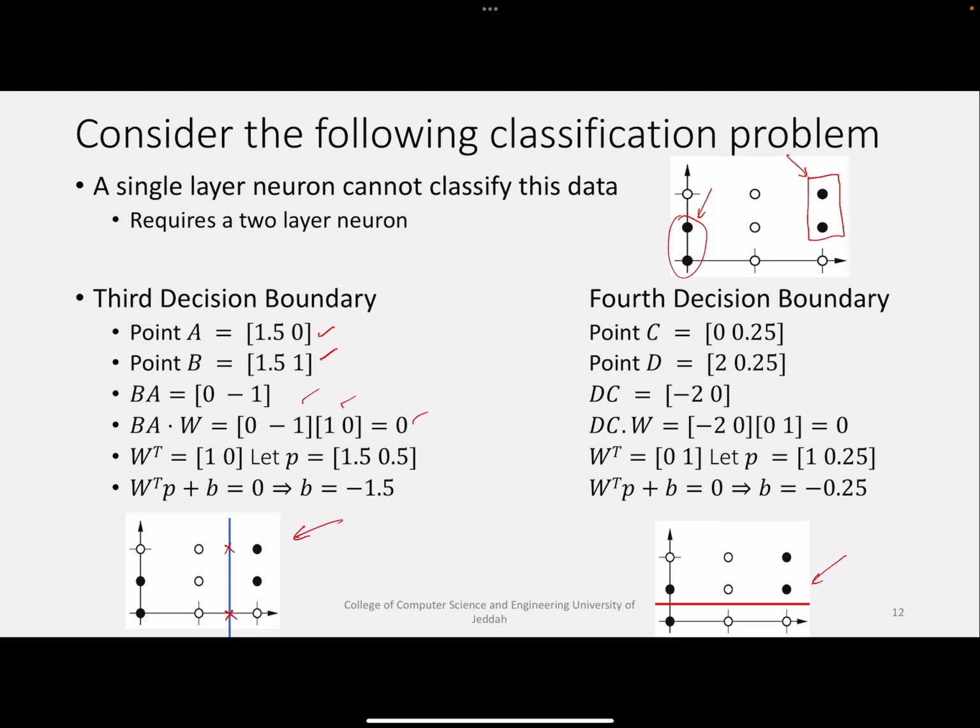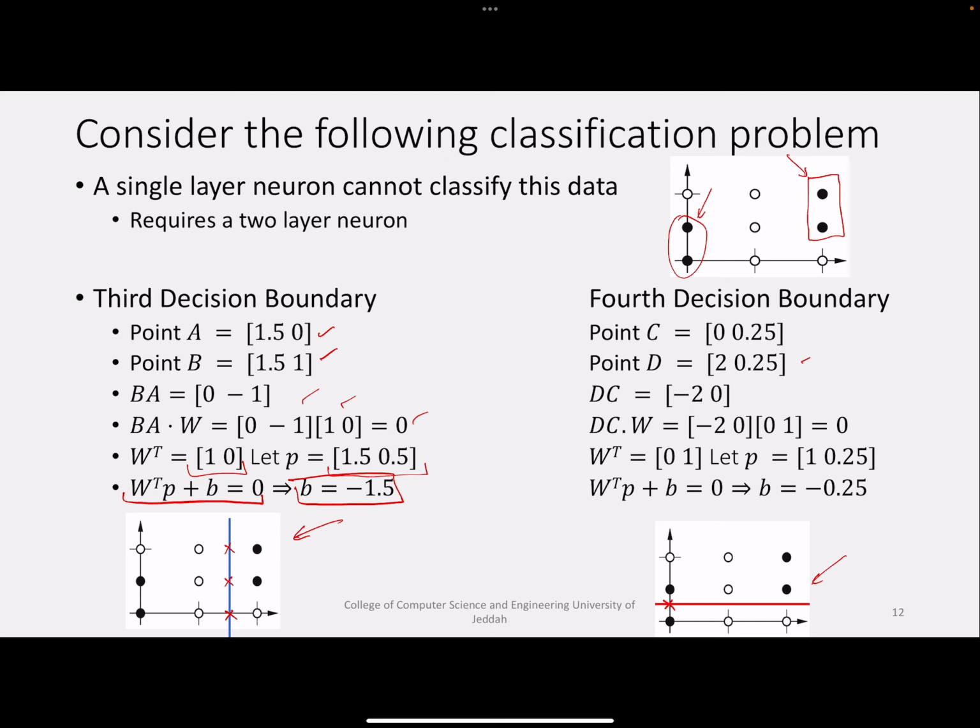You end up with a weight vector, weight matrix. Pick a point on the decision boundary. In this case, we pick 1.5, 0.5, this one over here. Could pick any one. And use this equation to come up with the value of bias, in this case, -1.5 for this decision boundary. Then we have the 4th and last decision boundary. We pick 2 points on it. For the first one, 0.25, that would be this point.